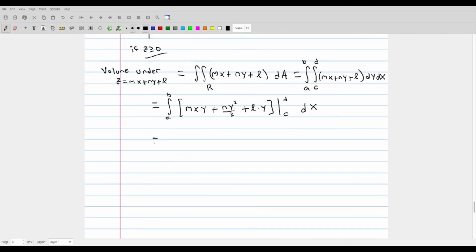So when we plug in our bounds, C and D, we get the integral from A to B of mx times (D minus C) plus n over 2 times (D squared minus C squared) plus L times (D minus C). This is what we get when we plug into the fundamental theorem of calculus. We plug in our upper bound and we subtract this function plugged in with our lower bound.